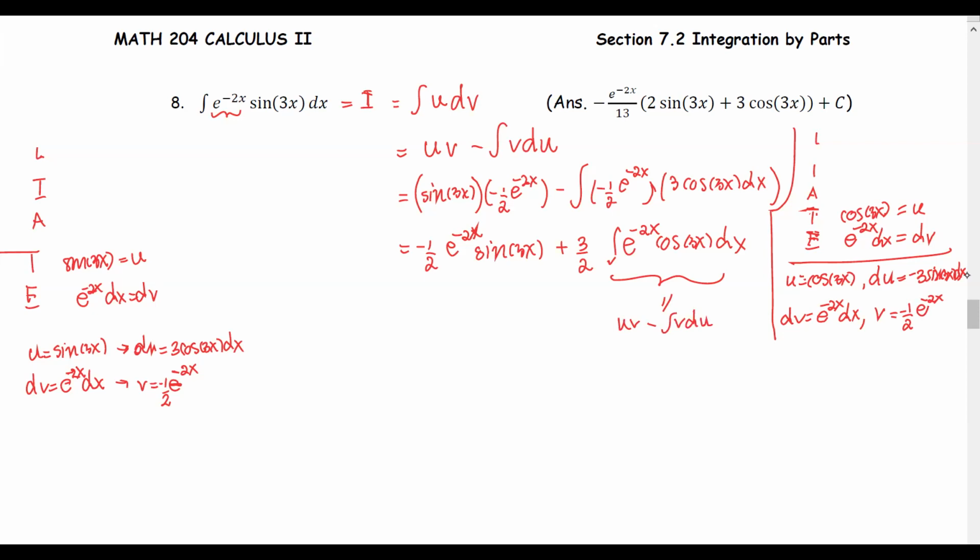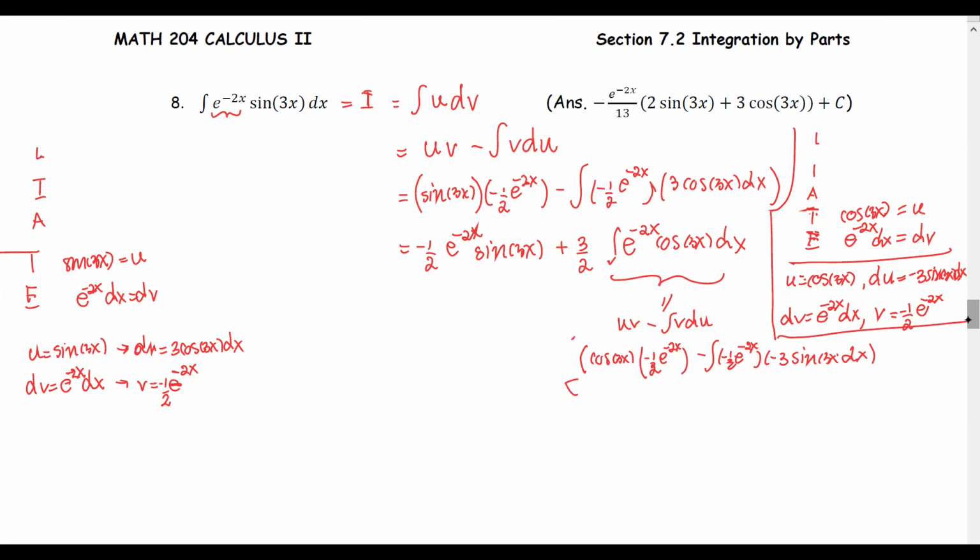So u times v is cosine 3x times negative 1 over 2 e to the negative 2x, minus the integral of v, which is negative 1/2 e to the negative 2x, multiplied by du, which is negative 3 sine of 3x dx.